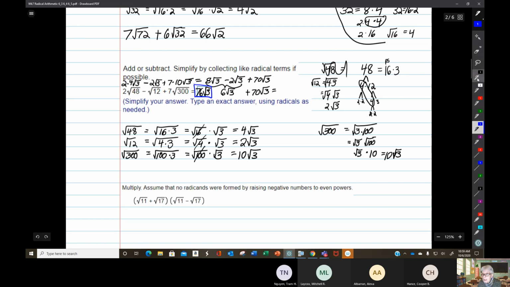But I'll write it there also. 76 square roots of 3, or 76 times the square root of 3. It takes detective work.